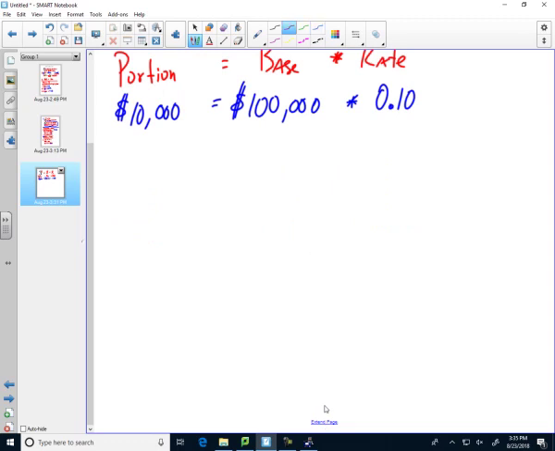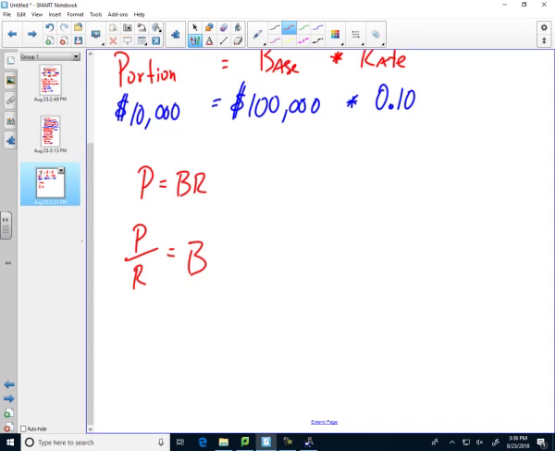Now, depending on what you're doing, sometimes P equals BR can become B equals P over R. What did I do? I just rearranged the terms here. Actually, I divided each side by R, and on the left it canceled out, leaving just the B. So that works.